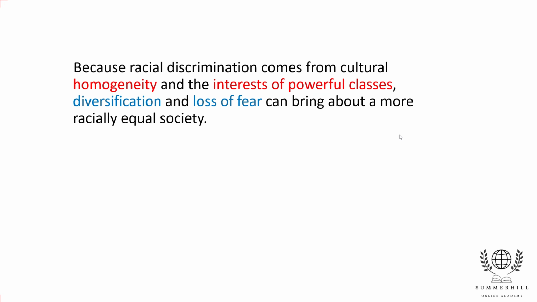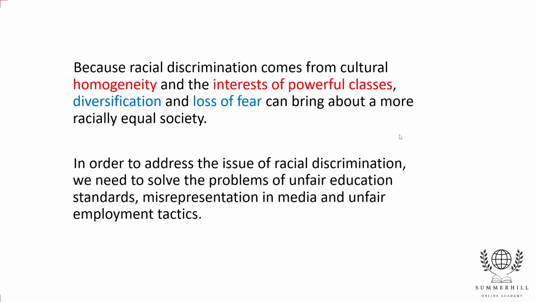But we could also write a thesis statement such as this. In order to address the issue of racial discrimination, we need to solve the problems of unfair educational standards, misrepresentation in media, and unfair employment tactics. In this particular thesis statement, we're including 3 causes of racial discrimination, but we're also going to address the solutions for each.